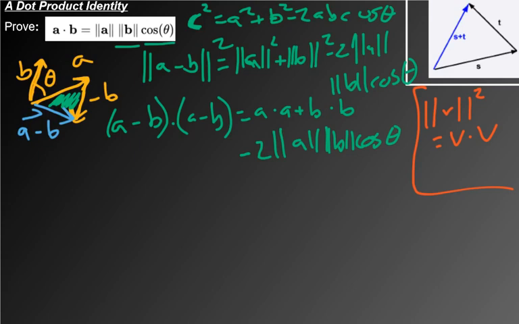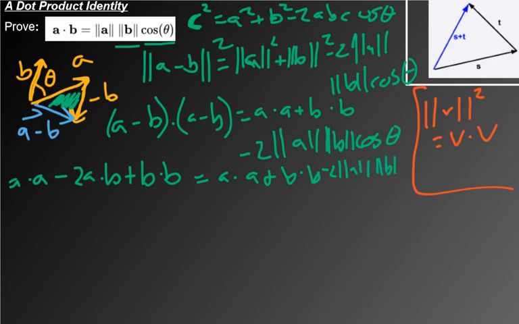And dot products are nice with distribution. So you can double distribute this, and you get a dot a, minus 2 a dot b's, and then plus b dot b, which equals a dot a plus b dot b minus 2 magnitude of a magnitude of b cosine theta.